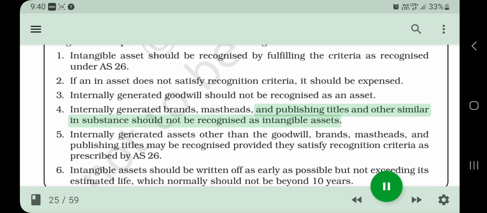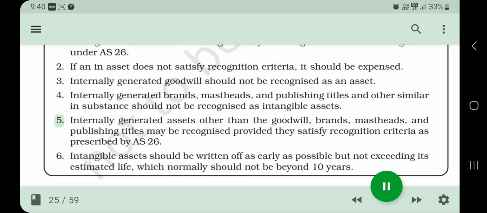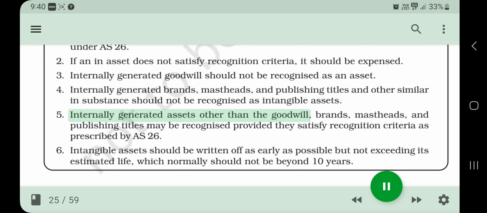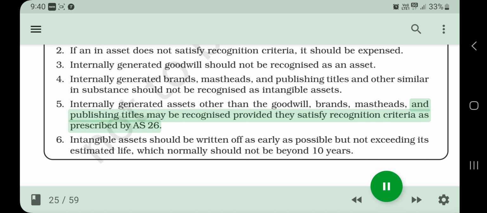Internally generated brands, mastheads, publishing titles and other similar items in substance should not be recognized as intangible assets. 5. Internally generated assets other than goodwill, brands, mastheads, and publishing titles may be recognized provided they satisfy recognition criteria as prescribed by AS 26.